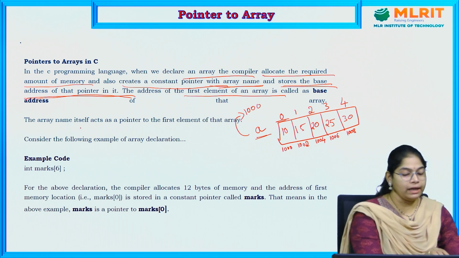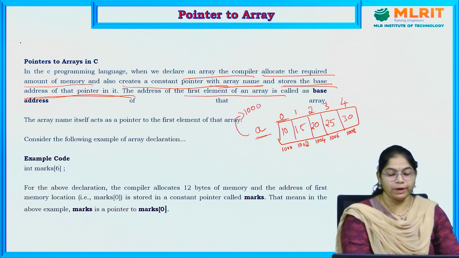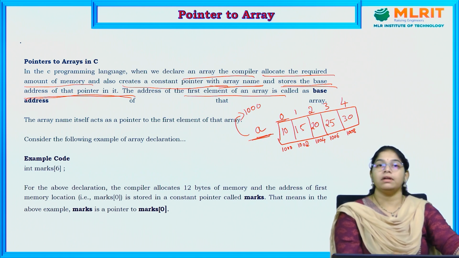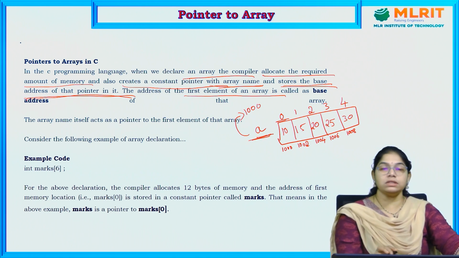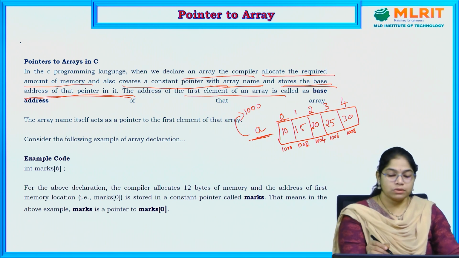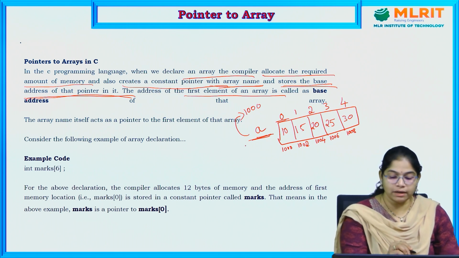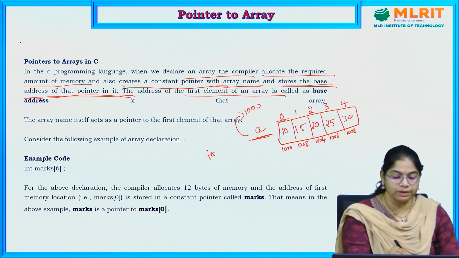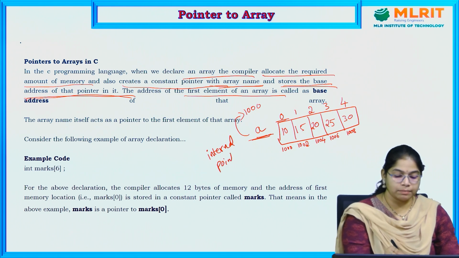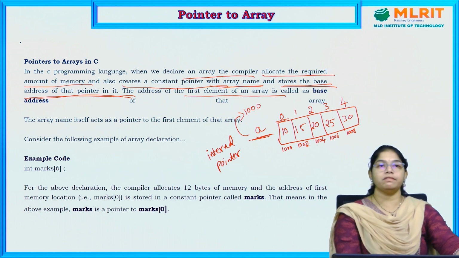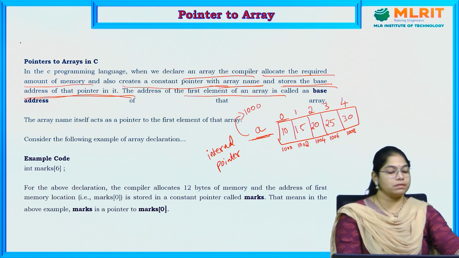So the array name itself acts as a pointer. The array name here is A, which acts as a pointer. Why? Because it holds the base address. We can say an array acts as an internal pointer because it holds the first element address, that is, the base address.